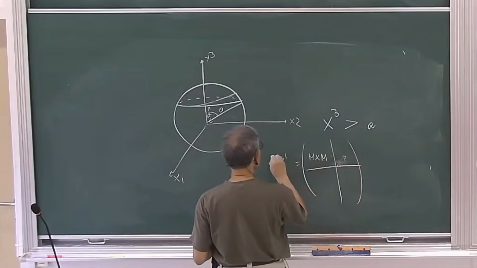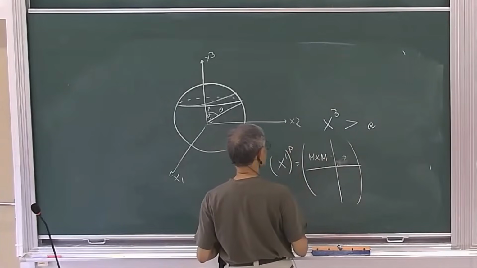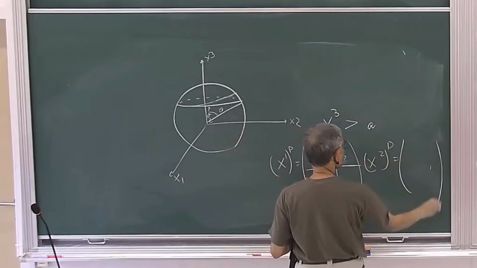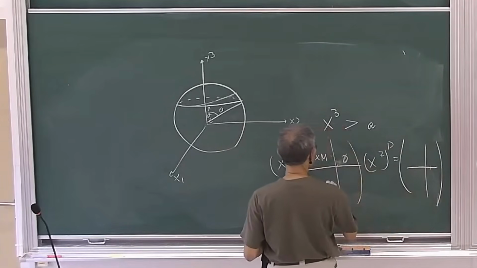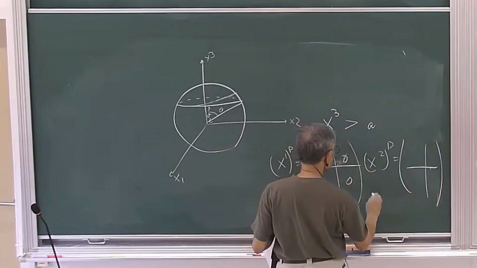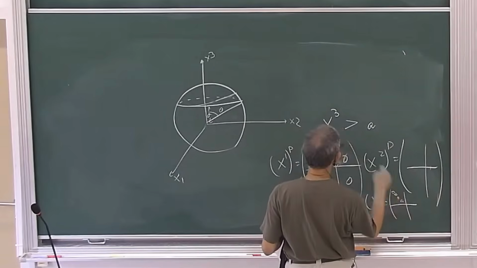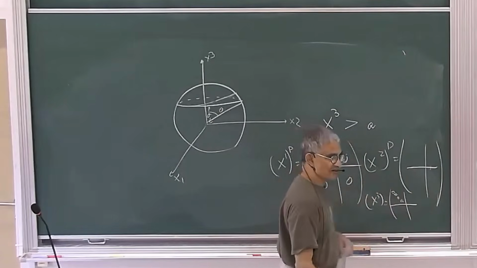Okay, so the x1 projected is like this, x2 projected is again like that, 0, 0, 0, and x3 is diagonal, so x3 is like just these diagonal elements whose magnitude is bigger than A.